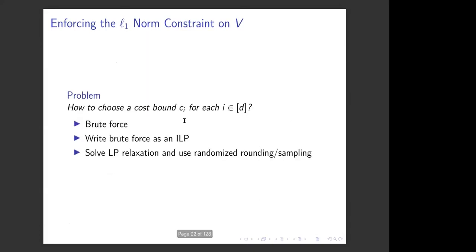So in summary, we solve the LP relaxation of that brute force integer linear program, and then we get an actual integer valued assignment by just sampling from this fractional solution. Let me just quickly recap this algorithm. Here, S is the oblivious sketching matrix.